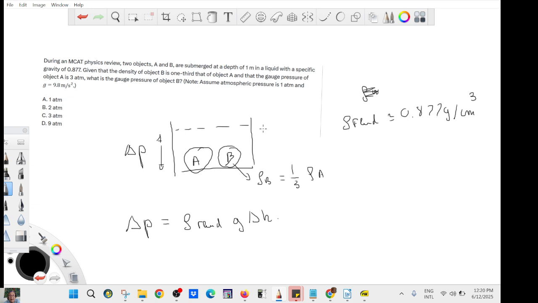So if they are placed at the same depth here, it's going to be the same hydrostatic pressure, the same gauge pressure. So the answer is 3, and you didn't have to use the other information.